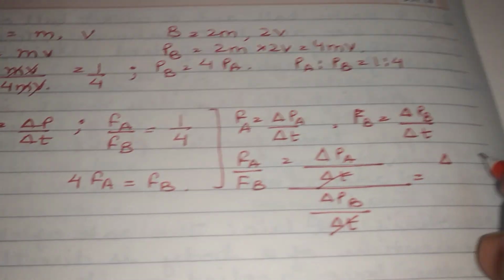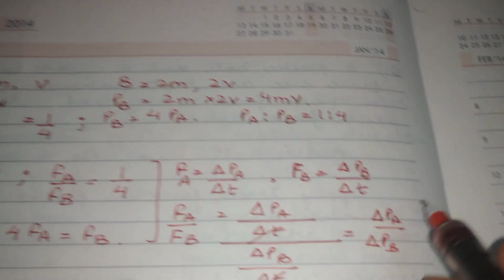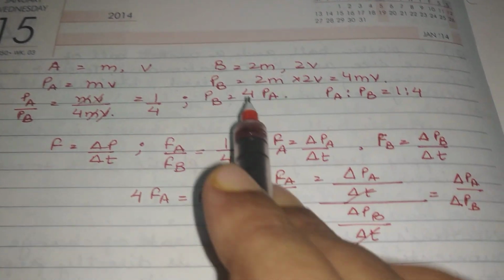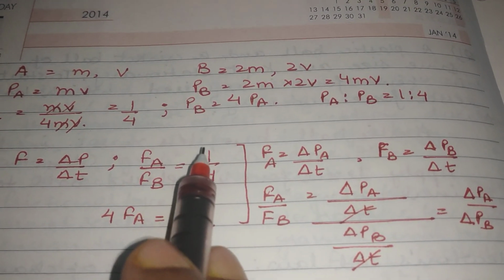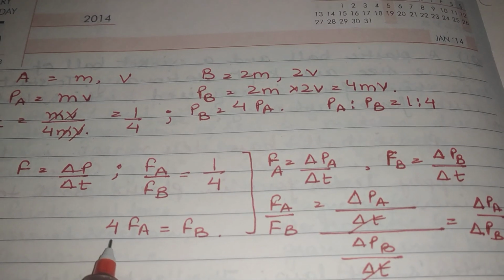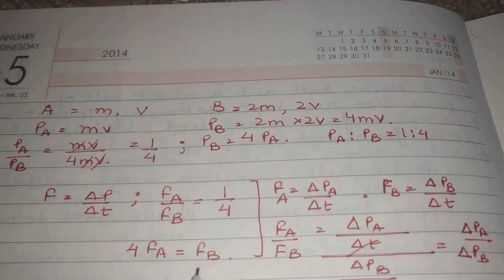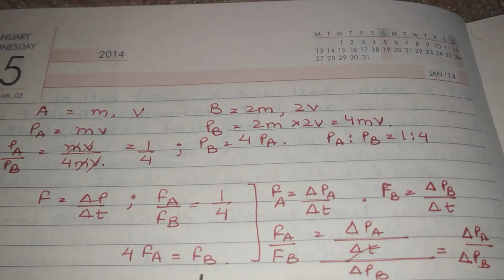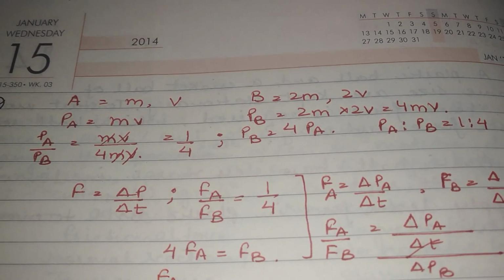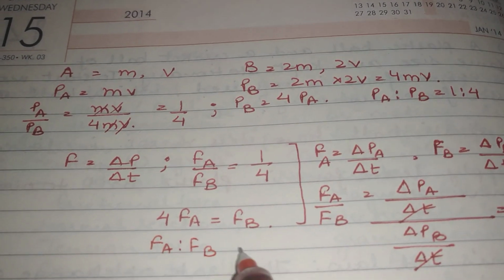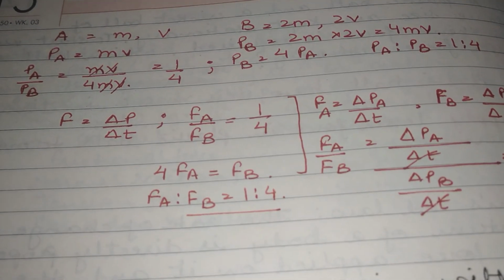You are left with the ratio PA upon PB, which you have found just now, is nothing but 1:4, and hence FA upon FB is also 1:4, which means the force required to stop the moving body B will be 4 times that of A. Hence we can write FA is to FB is equal to 1:4, and that's our answer.